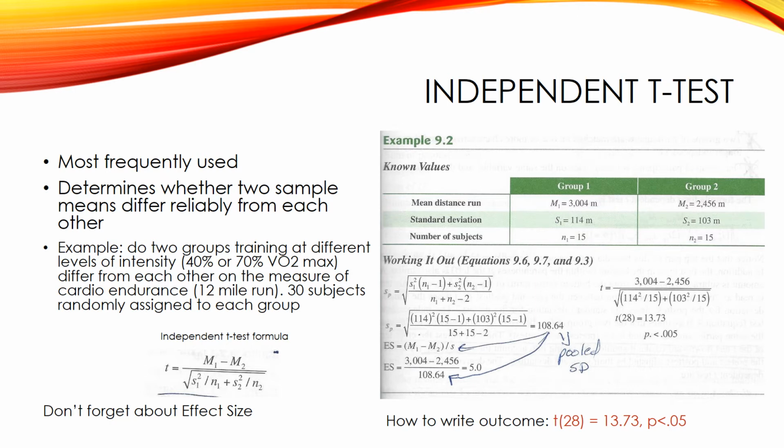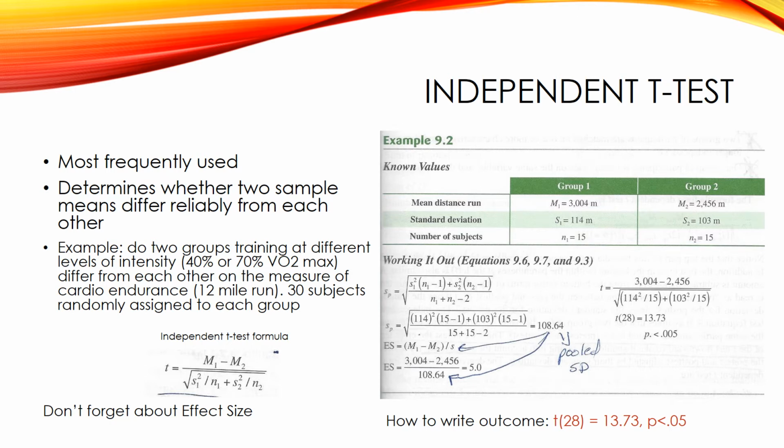You would basically take that into your book. There are tables that have been created at the end of your book. You look at degrees of freedom, n minus 2, so it's 30 minus 2 because you have two groups, 15 and 15.